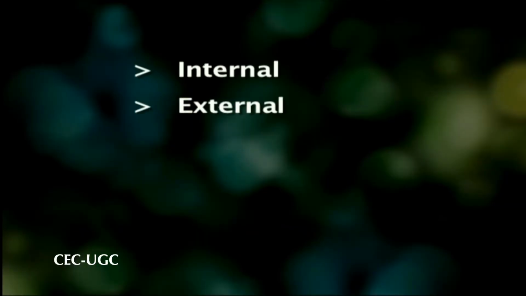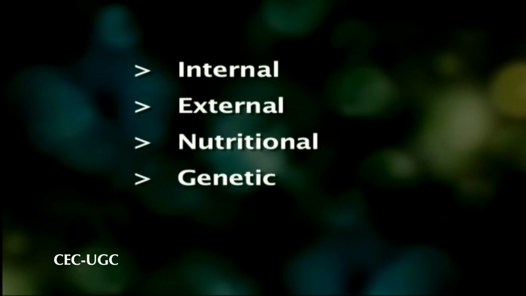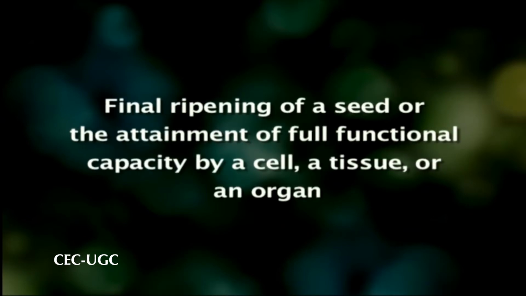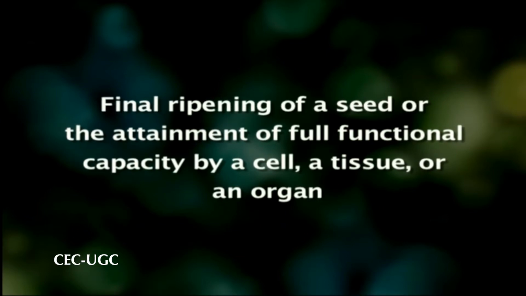The differentiation and maturation of various kinds of cells depend on a number of internal, external, nutritional, genetic and hormonal factors. Thus, it is the final differentiation process in biological systems, such as the final ripening of a seed or the attainment of full functional capacity by a cell, a tissue or an organ.